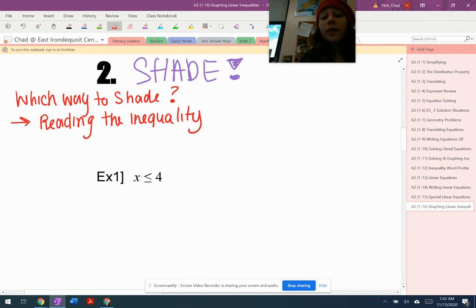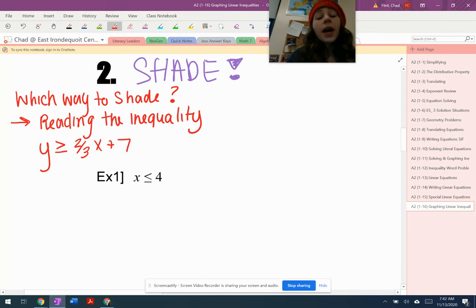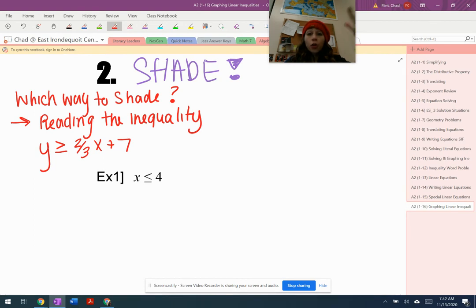And we'll talk more about that in an example. But if you have something that says y is greater than or equal to 2/3 x plus 7, after you graph that line as normal, you would look to see that the inequality says y is greater than the 2/3 x plus 7. So greater than, I would be shading above the line.